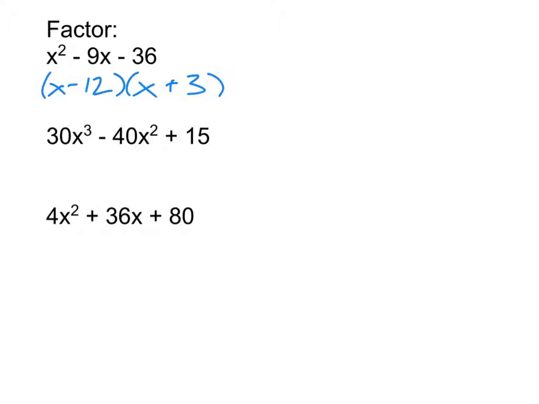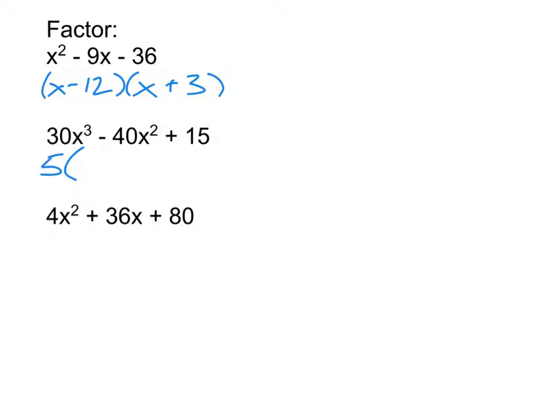Because you'll notice in the first one, I couldn't divide x squared, 9x, and 36 all by the same thing. But I can divide all three of those by the same thing. 5. Yeah, 5. And so I'm going to factor out a 5.